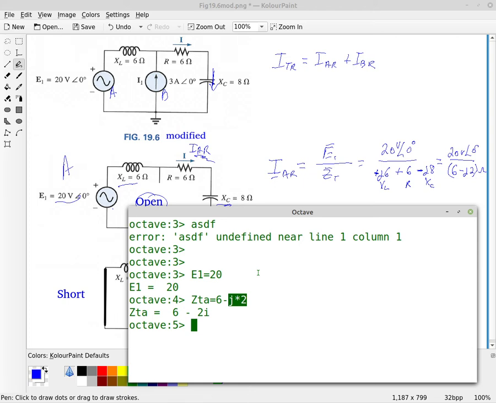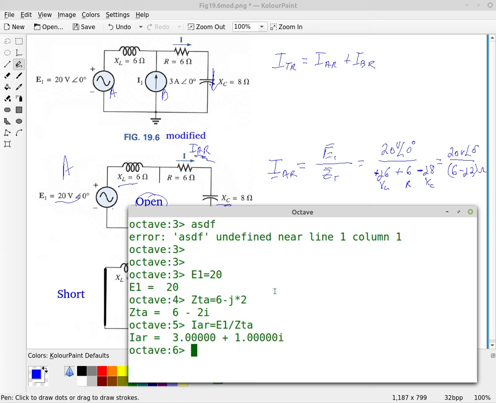And so now we can calculate the current I_AR, equal to E1 divided by Z_TA. That gives us the rectangular form of that current.